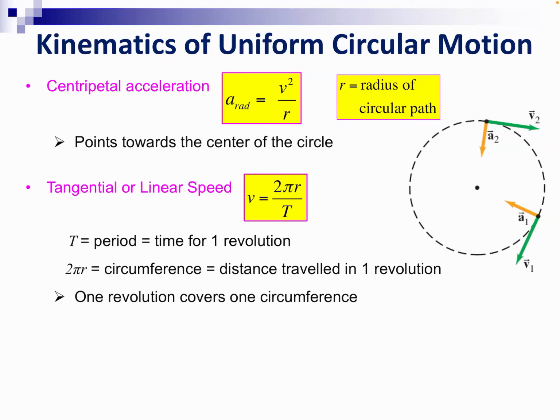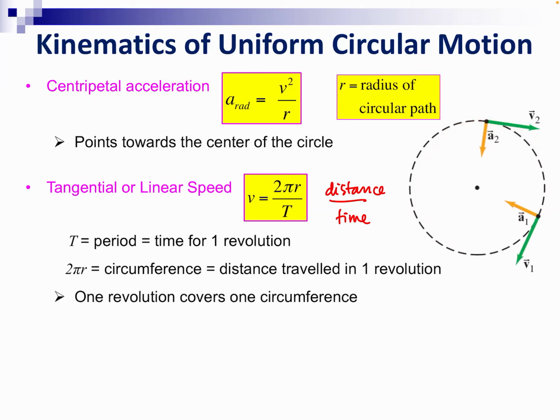Well, we also still know that speed is equal to distance over time. That's the basic definition of speed. But if we apply that definition to our circular motion, the object will cover a distance equal to the circumference of the circular path.